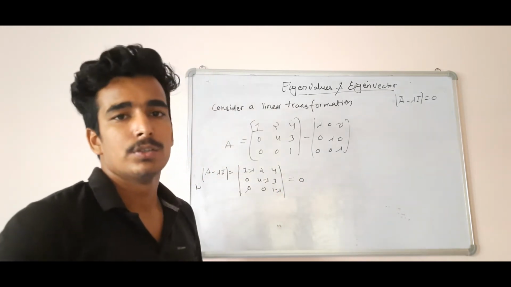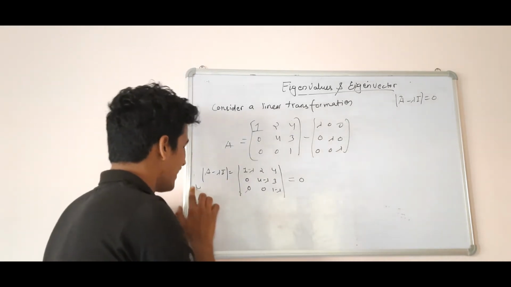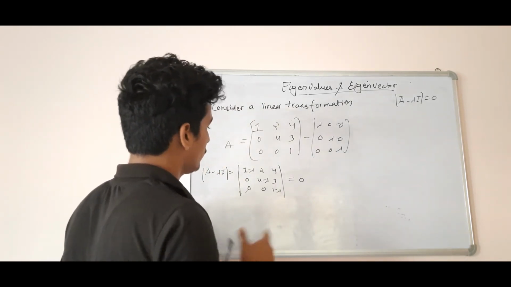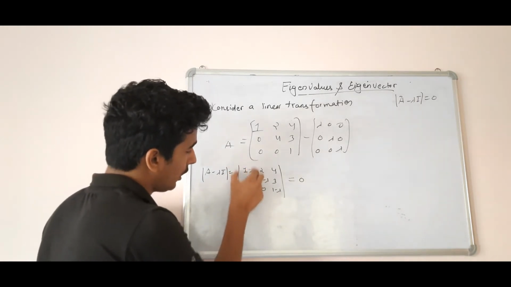You all know how to find a determinant. It is in previous videos, and you also know it from your 12th class. Let's suppose I take the determinant along this column.